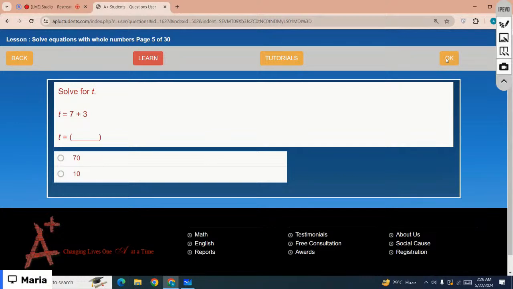The correct option is 10 it is. All the questions have the same answer there. What's wrong with the questions?